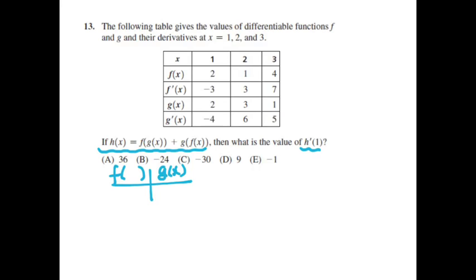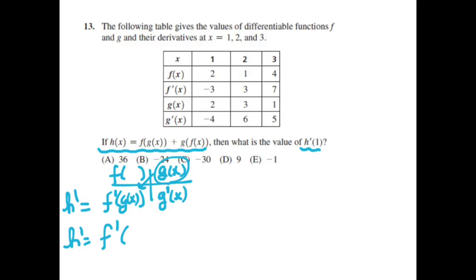The derivative of f is f prime of something, and then the derivative of g is g prime of x. And then, of course, g of x goes inside here. So that's the start to my h prime. That's the first part. H prime is equal to f prime of g of x times g prime of x. But we've got to keep going.